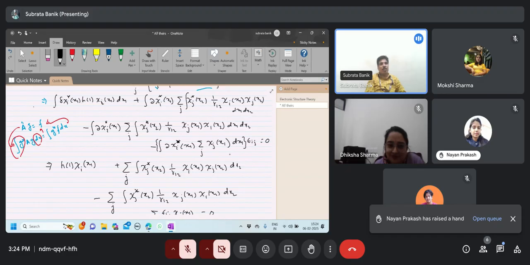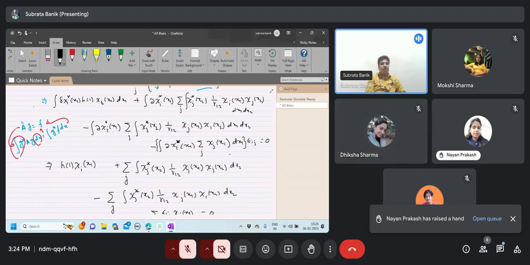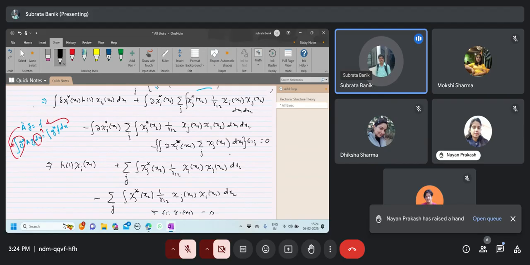So now you see we have a simpler equation, right? Let us write it again in an even simpler way.